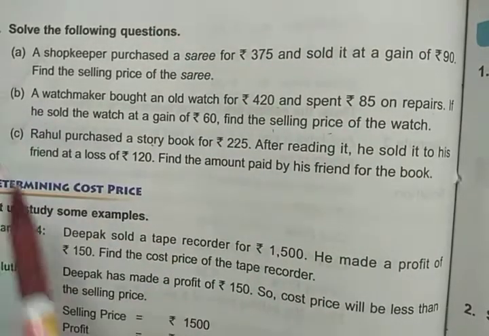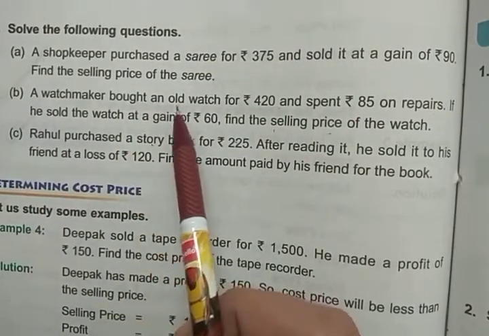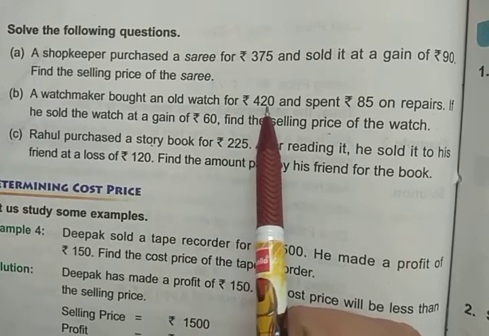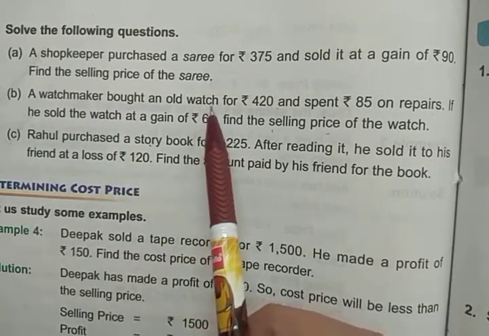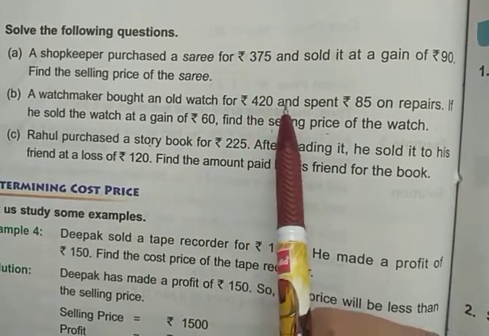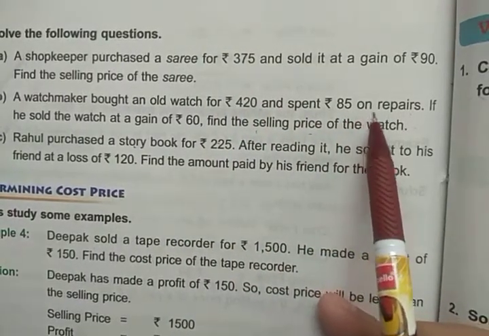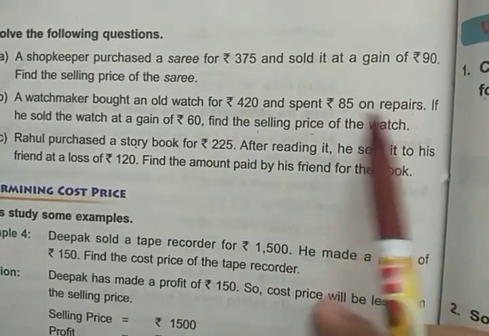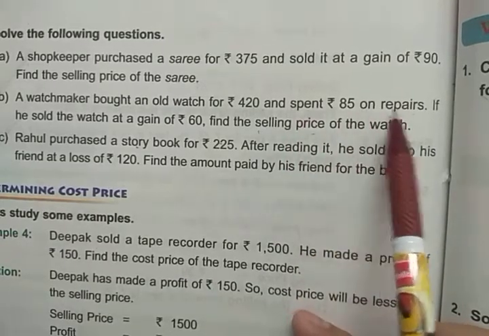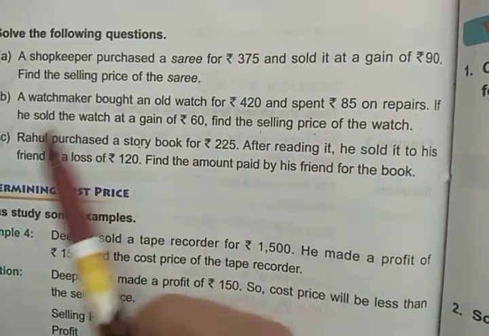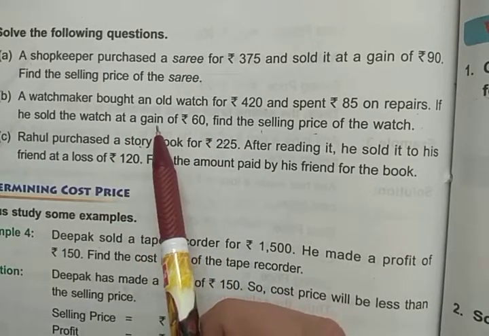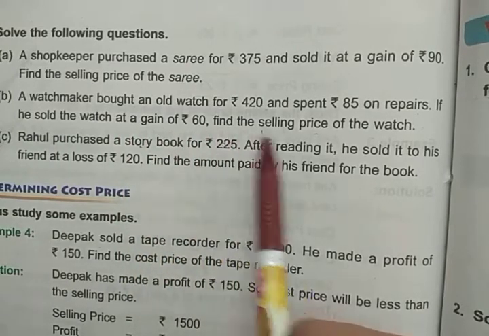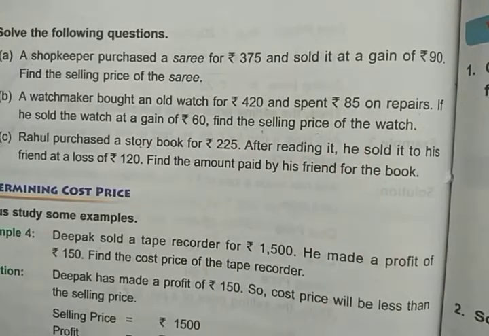Next: a watchmaker bought an old watch for rupees 420. So this is the cost price of the watch, that is 420 rupees, and he spent rupees 85 on repairs. If he sold the watch at a gain of rupees 60, so again there is a gain, find the selling price of the watch.